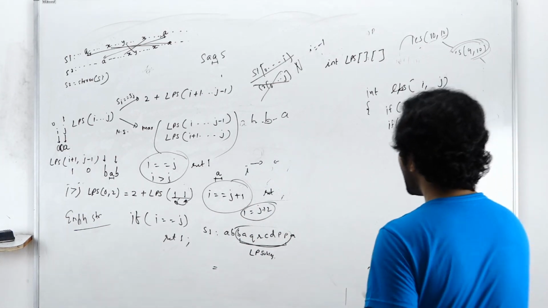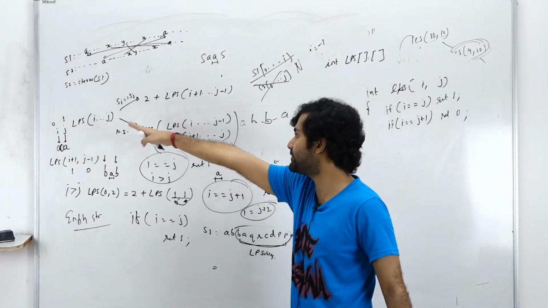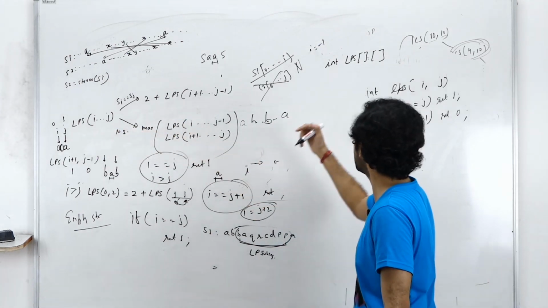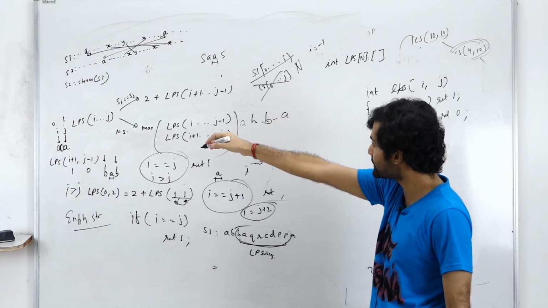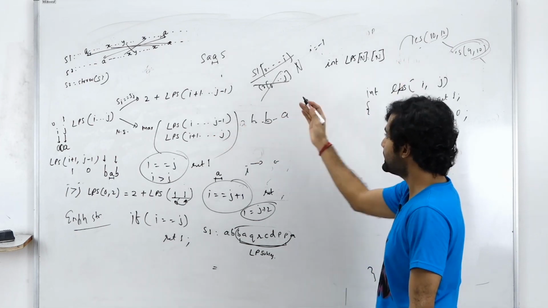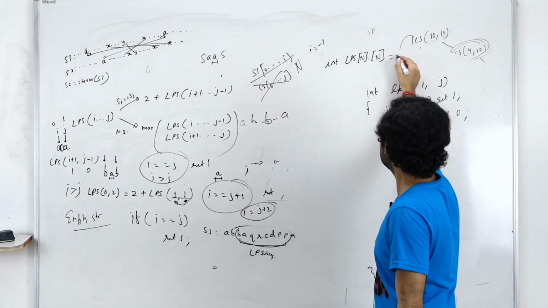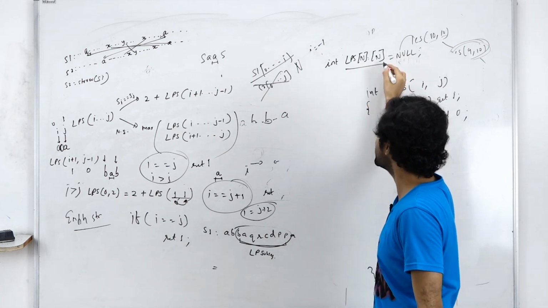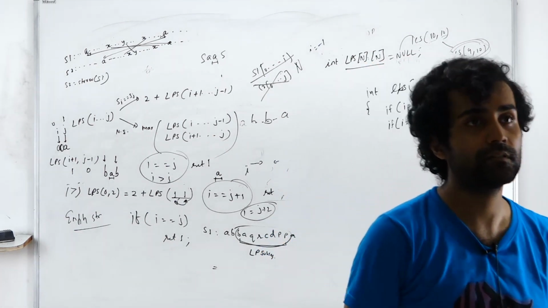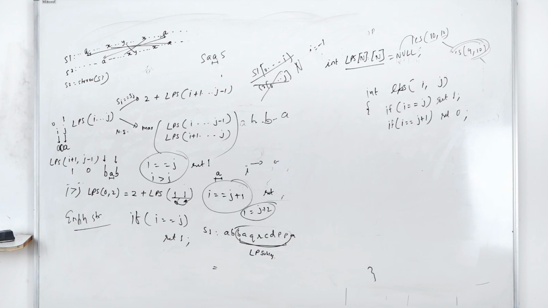Because your I is an index of this string which can go from 0 to n minus 1, and J is also an index of the same string which can go from n minus 1 to 0. Did everyone get the reason behind creating this 2D memoization data structure? Can you guys type yes or no if you got that? Got it? Right. Okay, cool.